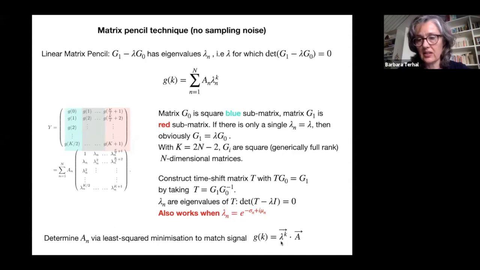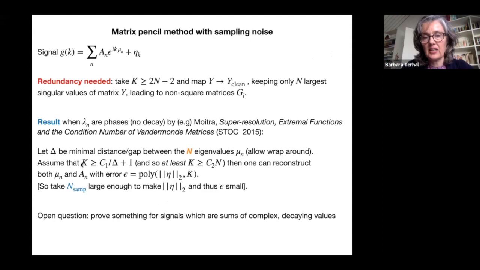So the thing is that these decays are, well, it depends on where these lambdas are sitting, right? If the lambdas are all complex only, so sigma n is 0, so they're sitting on the unit circle, and if they're well spread around, meaning the gap is large, then this condition number is well behaved, or sufficiently well. But then if they're on top of each other, then this condition number is not so good. And that's where you get this condition K has to be large.